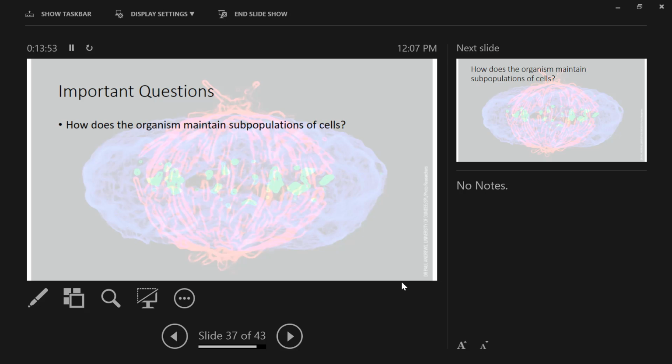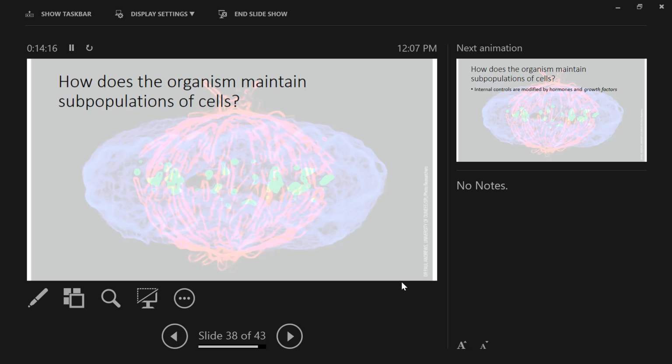Right? But yeah, obviously that's going to have an impact on developing different tissue types. But this is a way in which an organism, if it's going to control division and keep cells from going through mitosis, needs to do that in such a way that it still maintains a certain amount of whatever that cell type is.